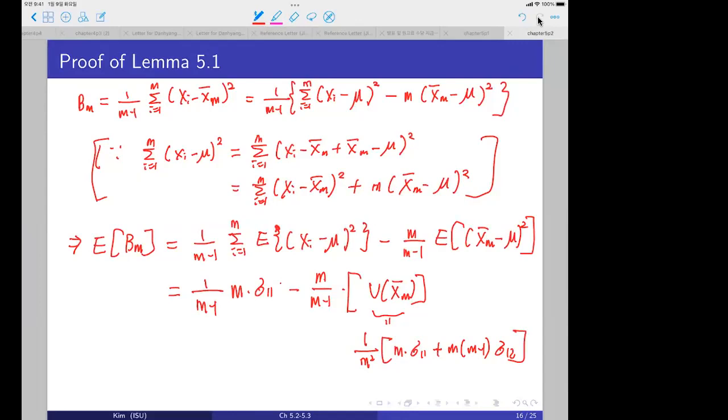Because you have a summation, you extend the summation and take the variance, and you have a variance part and a covariance part. That's what you get, right? So then the only thing left is just to simplify.